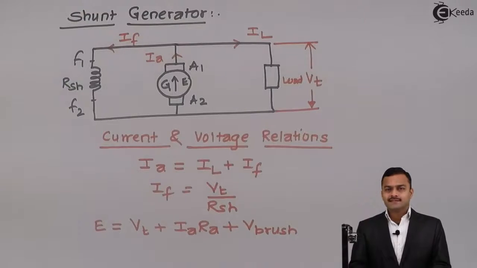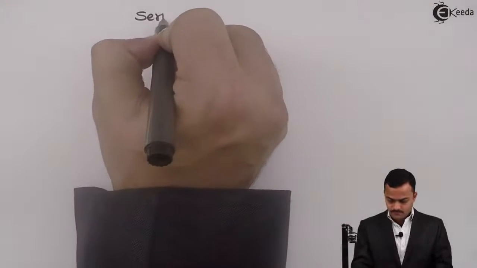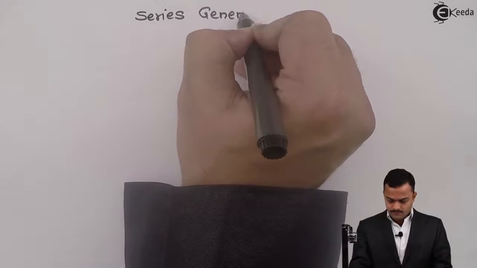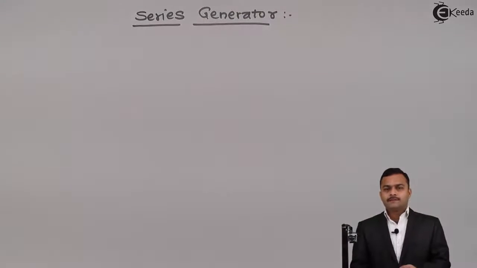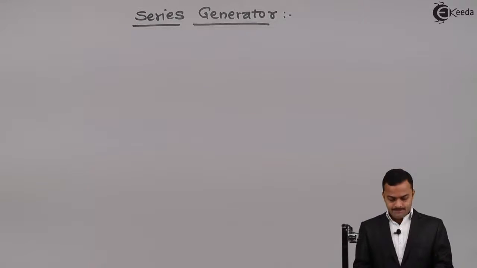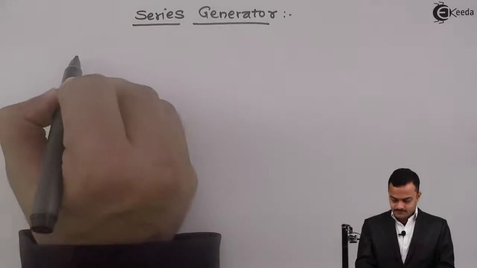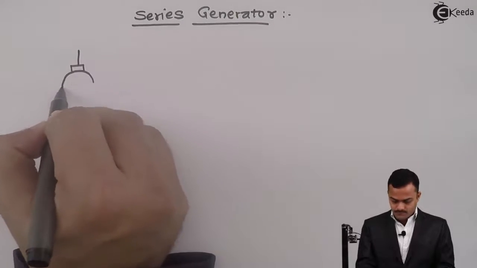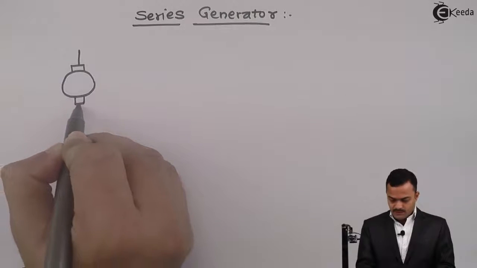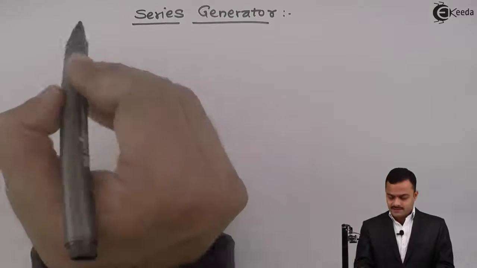Let's move to the series generator now. It's very simple. In a series generator, we have the field winding in series with the armature. So the circuit diagram will be like this. This is the armature of the DC generator.